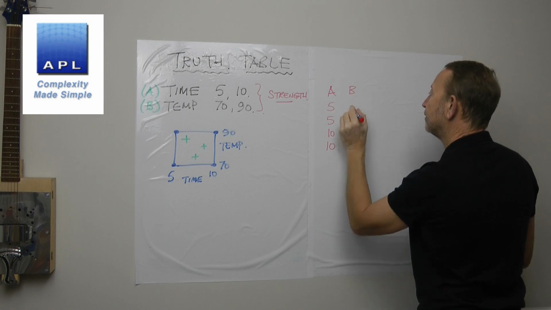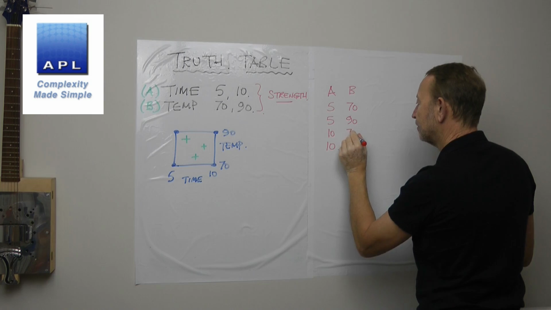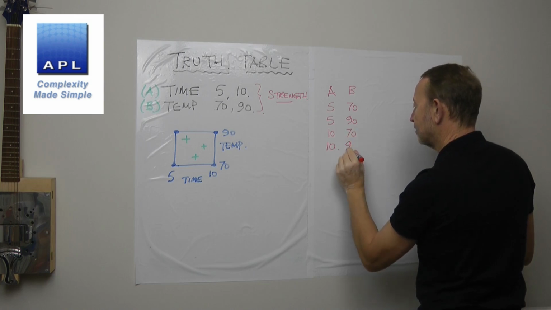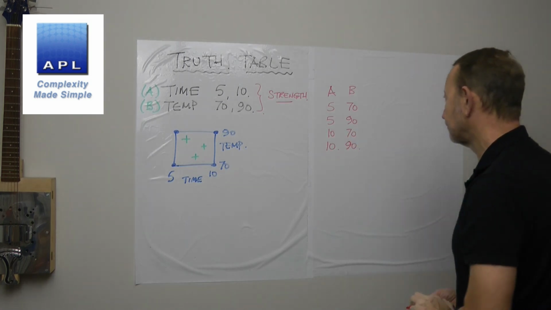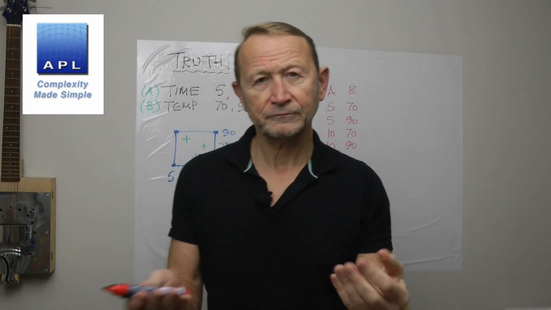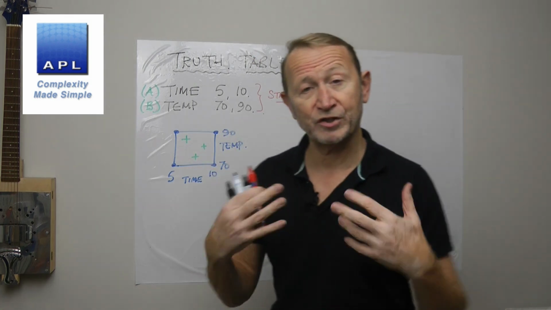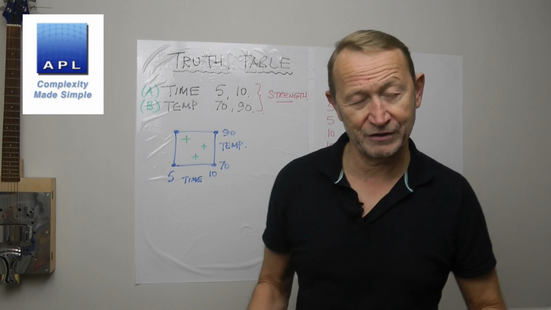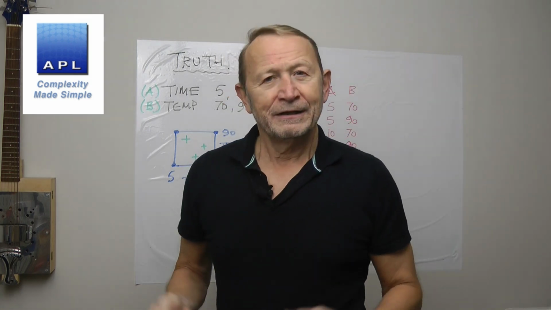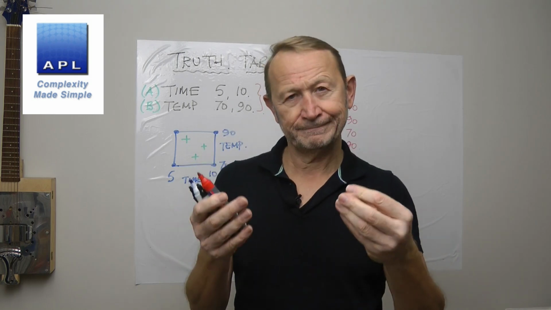B would be 70, 90, 70, 90. And that's that box that you can see there. Now, in theory, that looks very straightforward. Why don't we just do the 4 tests, do the analysis using 5 and 10, 70 and 90, and everything's right with the world. Well, there's a problem, the interaction.